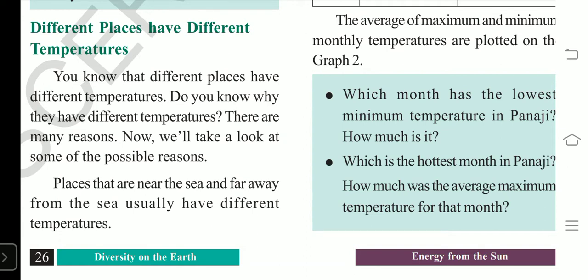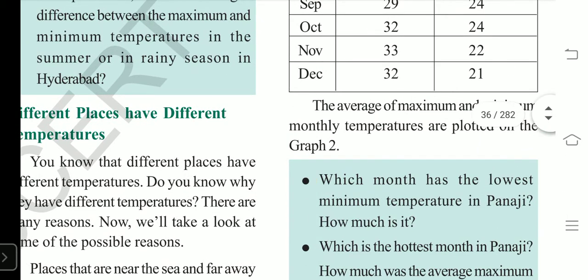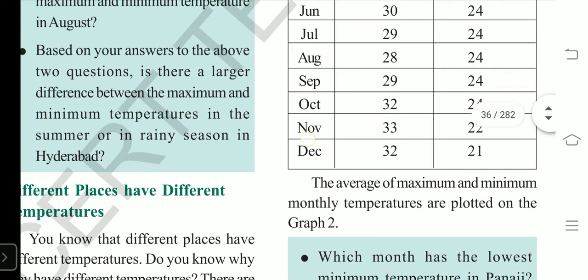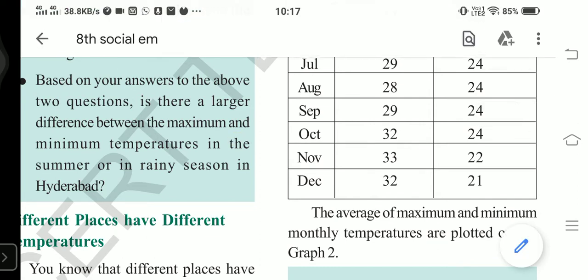When we find much variation in either mean maximum temperature or mean minimum temperature, for example, it is 20 degrees centigrade in the month of January and in May it is 42 degrees centigrade. How much difference is there? A 22 degrees centigrade difference is there. Such a high variation in temperature is called extreme variation. So when we find extreme variations in temperature, that is called extreme climate.